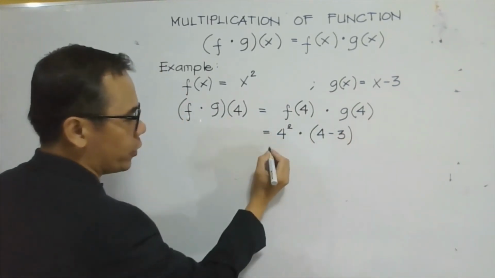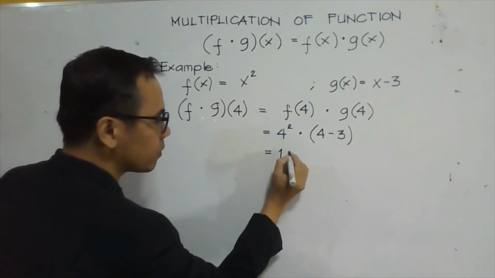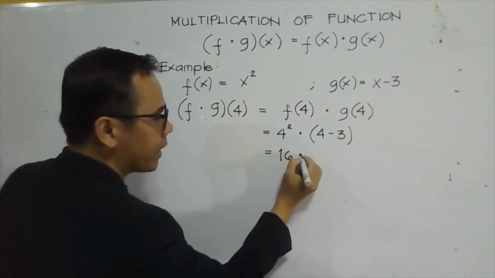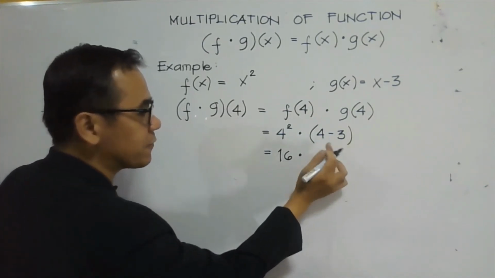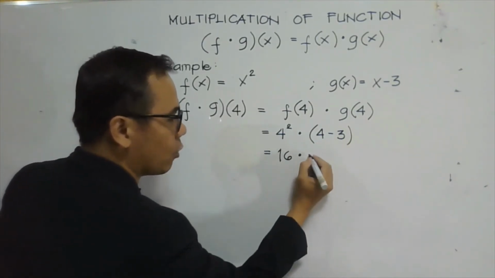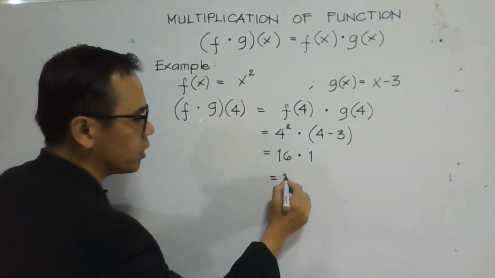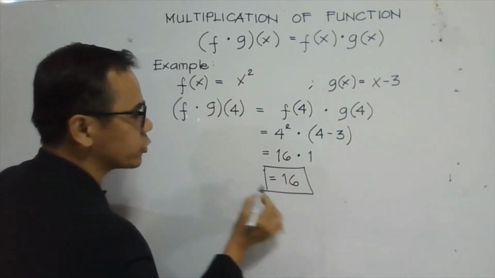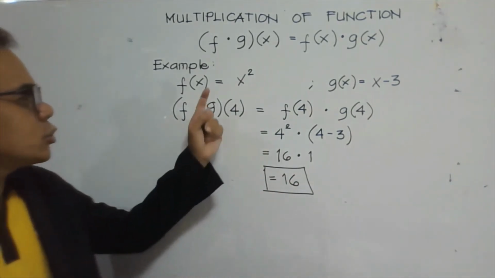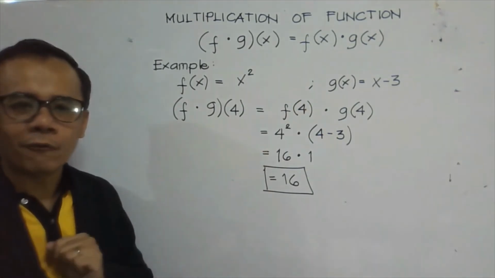Okay, so we have 4 squared is equal to 16, multiplied by the 1. Let's solve first the one inside the parenthesis. 4 minus 3 is equal to 1. So this is now equal to 16. This is now our final answer for the product of these two functions if x is equal to 4.